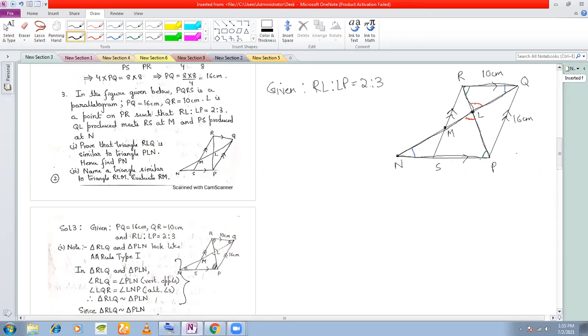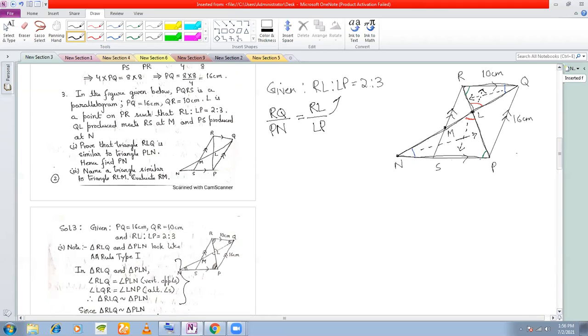So if you see opposite to this is the side RQ, right? Divided by, and opposite to this red angle is the side PN. And this is what we need to find actually, PN. Okay. If you see opposite to this blue angle here, we have RL. And opposite to this blue angle, we have LP.